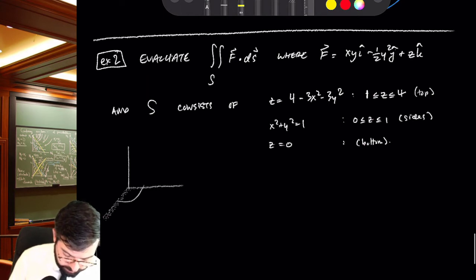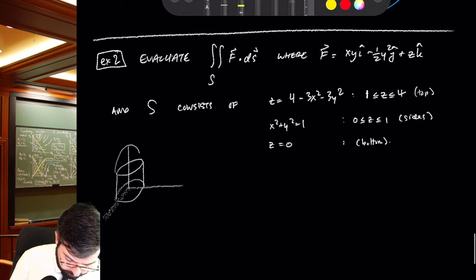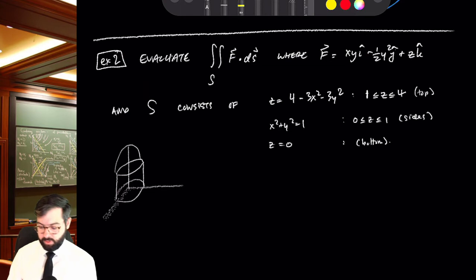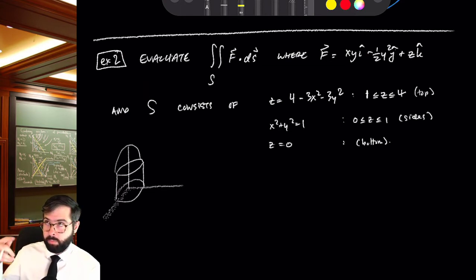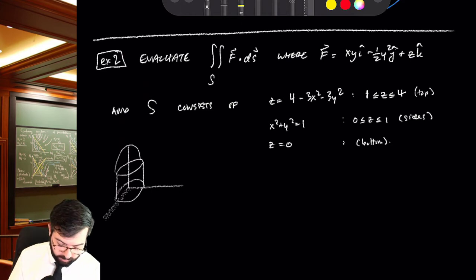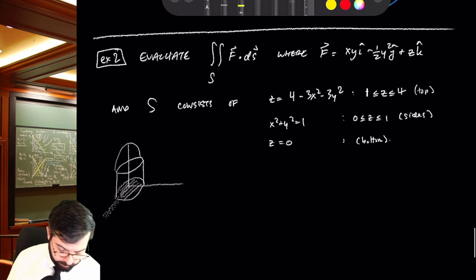So we don't need to sketch it, but this thing does look like a silo. We've got an upside down paraboloid on top of this cylinder, and our base is this disk at the xy plane.